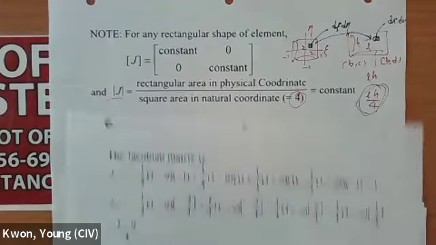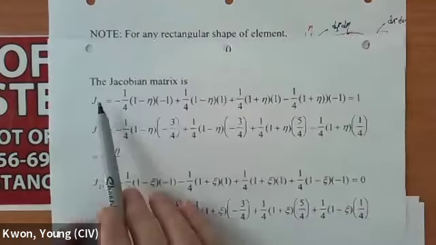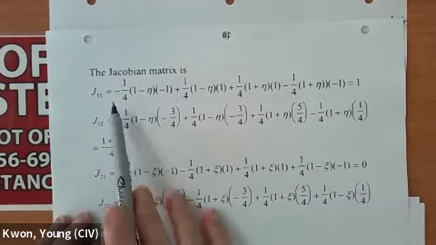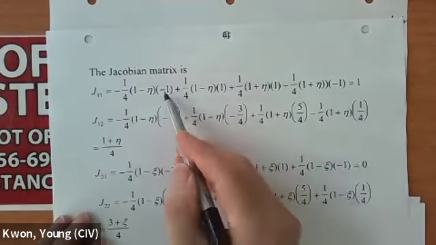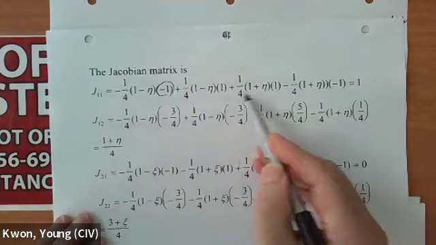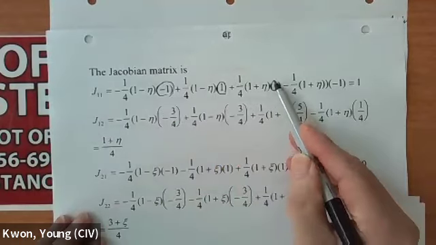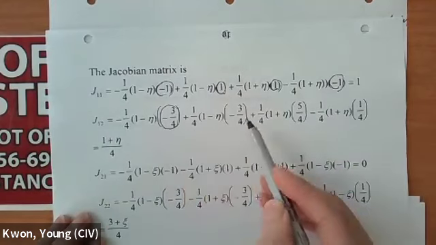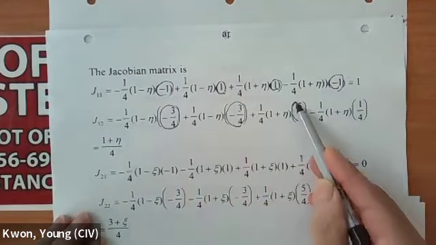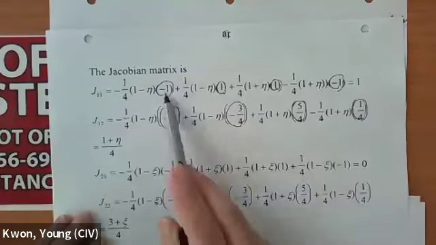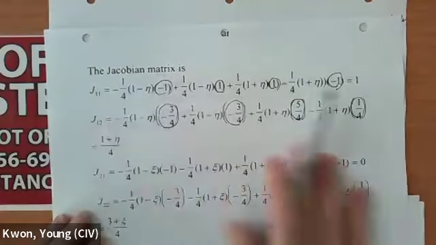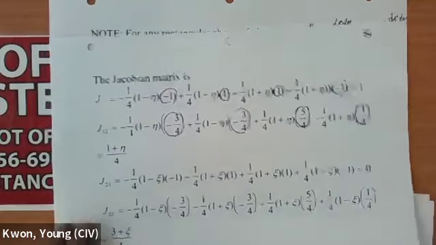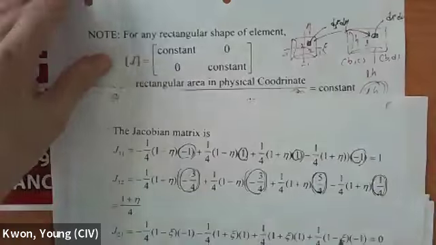So the Jacobian matrix we developed, J11, J12, J21, J22, is exactly the same, except that now we have X1, X2, X3, X4, and Y1, Y2, Y3, Y4. Those values are different, but the basic expression is exactly the same, regardless of what kind of element you use in the physical coordinate system.